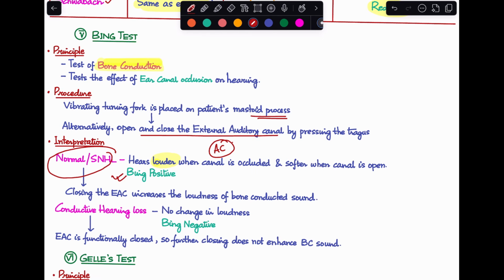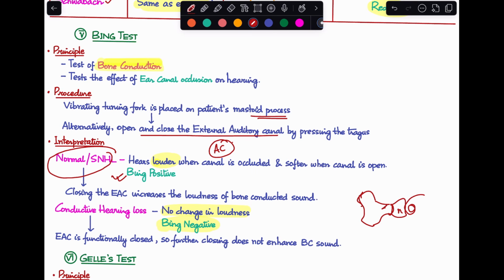Next is conductive hearing loss, where the patient will not be able to appreciate any change in loudness, which we can normally appreciate. This is Bing's negative. Why is this happening? Let's say this is the ear, this is the tympanic membrane, this is the middle ear, and this is the cochlea.